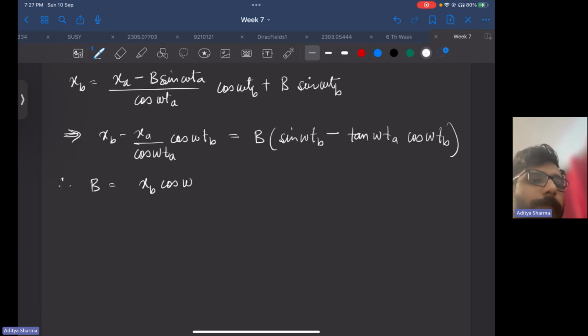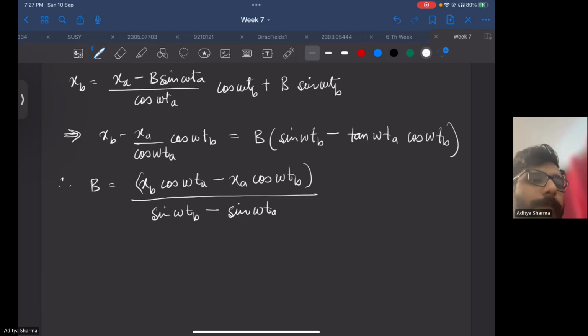xb cos omega ta minus xa cos omega tb by sin omega tb and sin omega ta cos omega tb, and the cos omega ta which I just put here cancels with the one which comes from here.